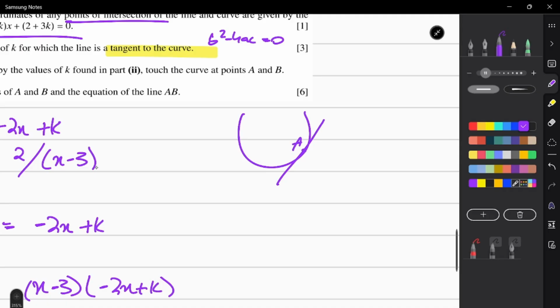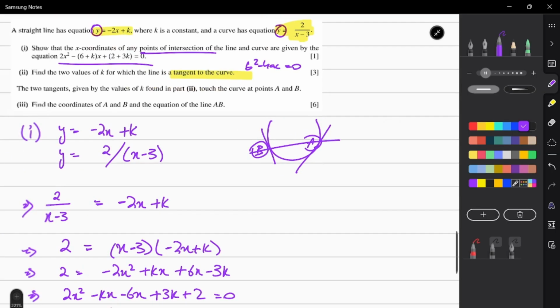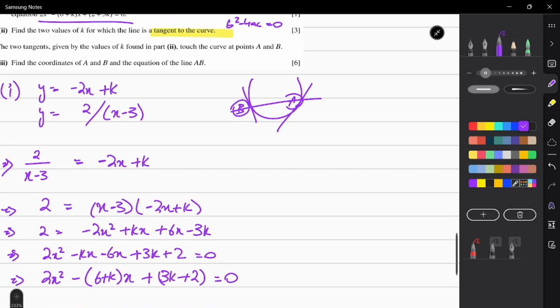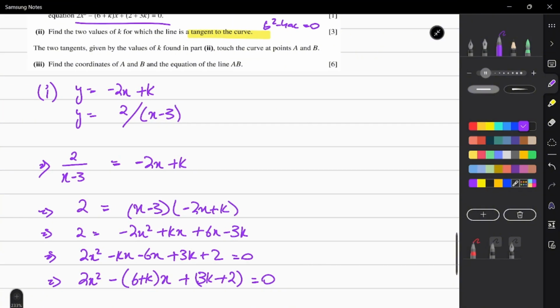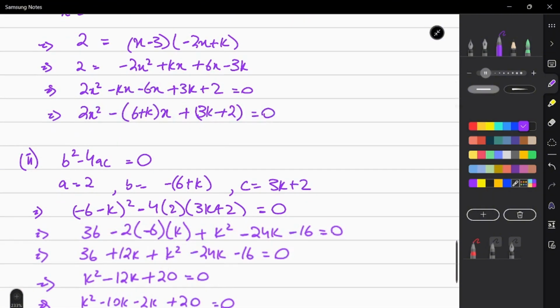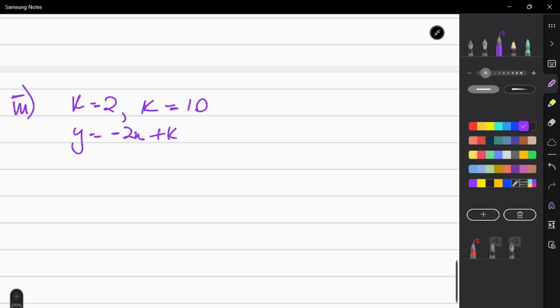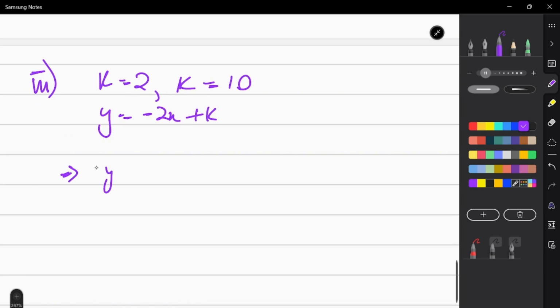This is point A, and this is point B. And when we get the coordinates of these 2 points, we can easily find the equation of the line using y minus y1 is equal to m times x minus x1. So how are we going to do this? Let's figure this out. So here we know that these are going to be two equations. Y is equal to minus 2x plus 2.